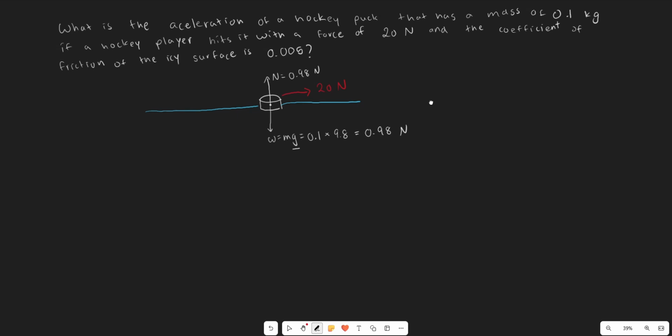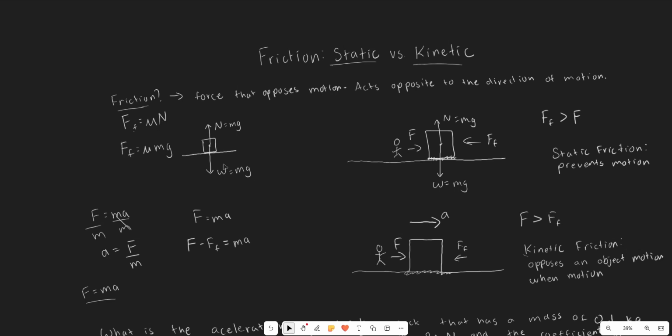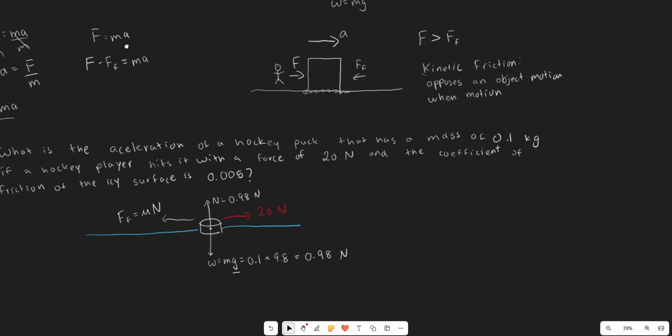Okay, if the surface has a coefficient of friction and the hockey puck is moving right, there has to be some friction acting in the opposite direction, the leftward direction. That frictional force is given by the formula we've learned, F equals mu times N. Well, we know what N is, so we don't have to plug in mg.